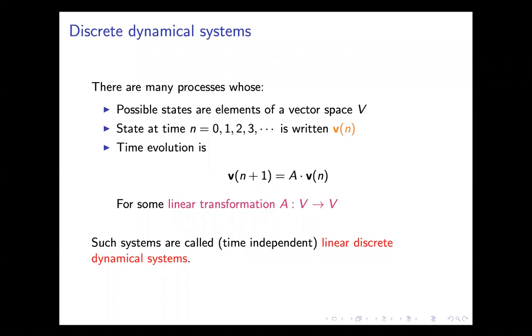We call those linear discrete dynamical systems, also time independent. If you wish, you can add time dependence, but then it becomes a little more complicated. The belts and suspenders problem is an example. The statistics was taken in the United States, so in other parts of the world it may be a bit different.